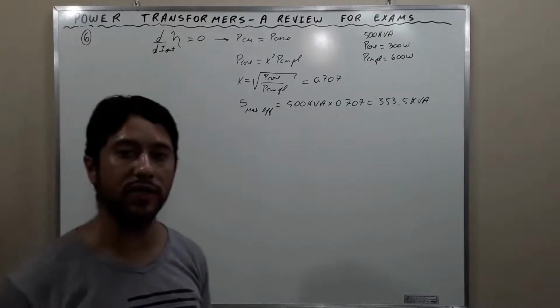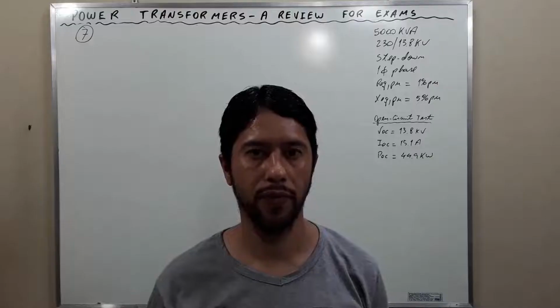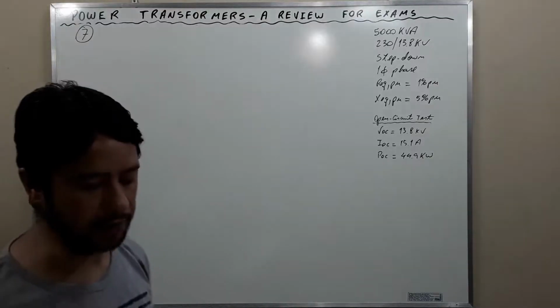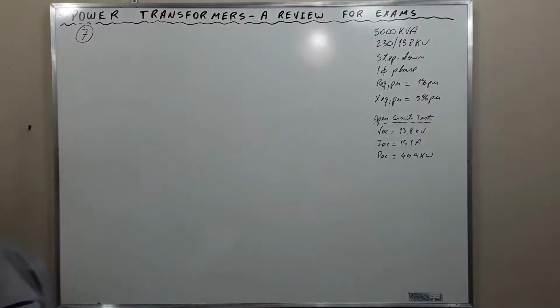Let's go to exercise 7 now. Exercise number 7. A 5000 kVA, 230 V to 13.8 kV, step down, single phase transformer has a per unit resistance of 1% and a per unit reactance of 5%.